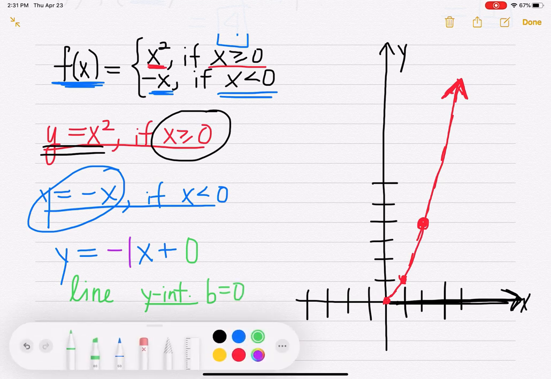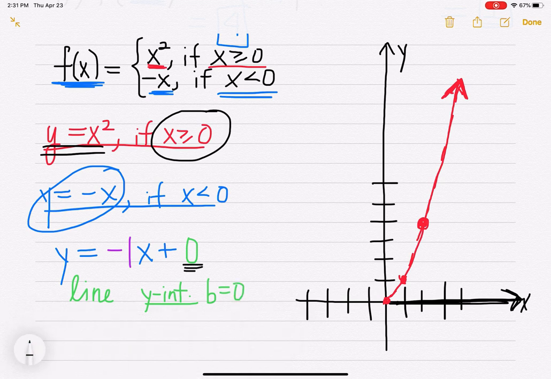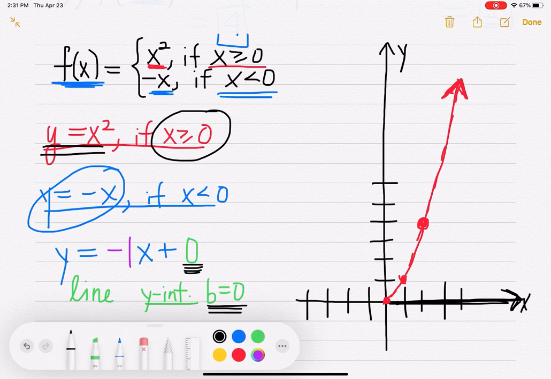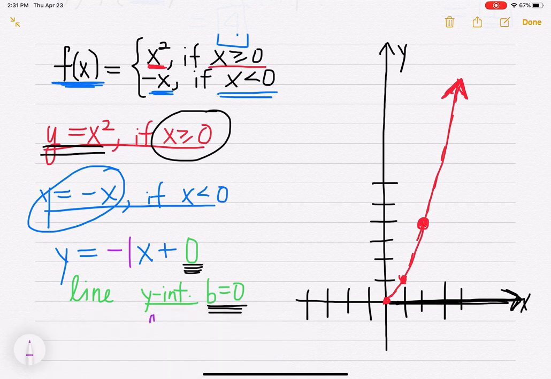When you're talking about y equals mx plus b, this green 0 is your y-intercept. And it has a slope of m equals negative 1. That's your slope.